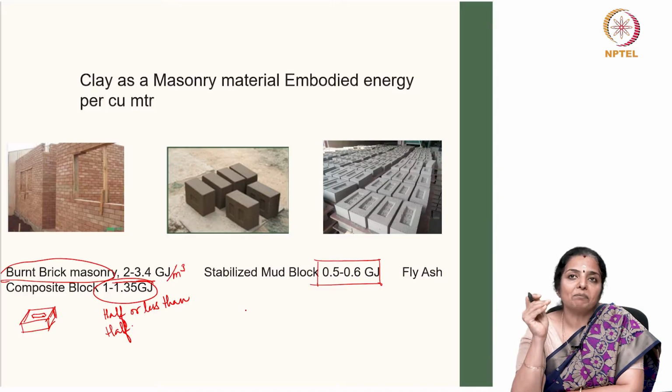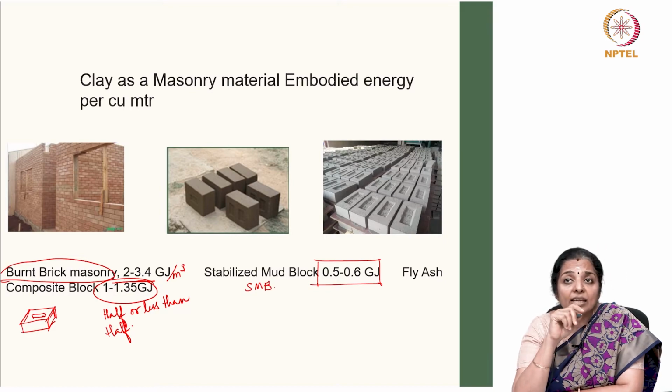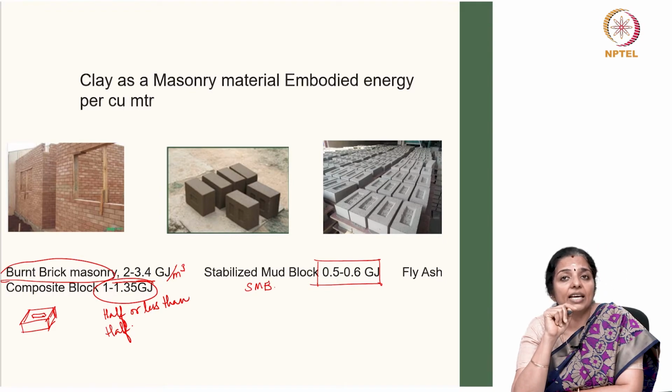But SMB, stabilized mud block, are energy efficient, eco-friendly alternatives to burnt clay bricks. These are solid blocks manufactured by compacting a mixture of soil, sand and some stabilizer. Normally that stabilizer is cement or lime.